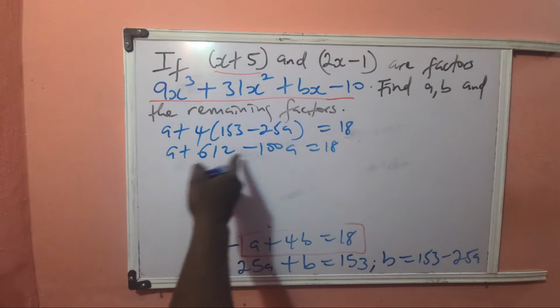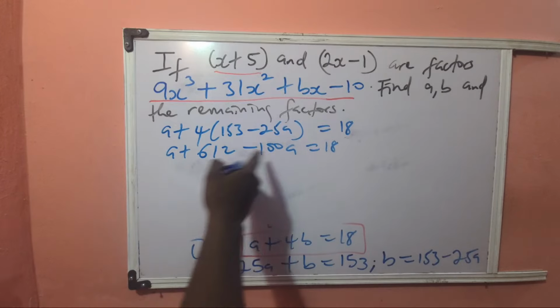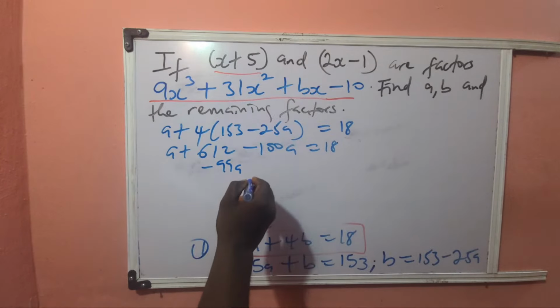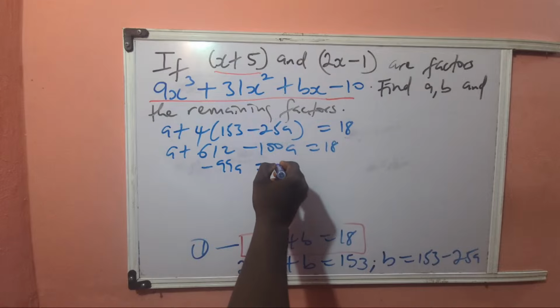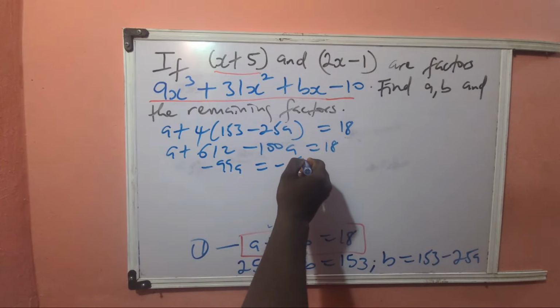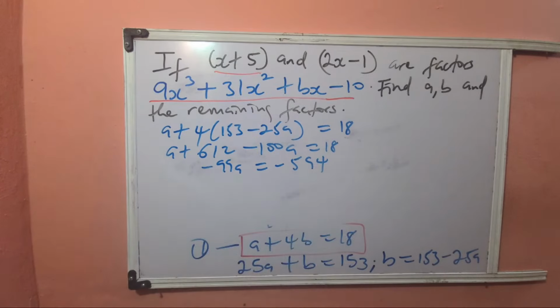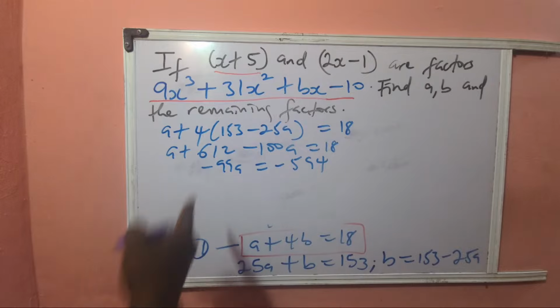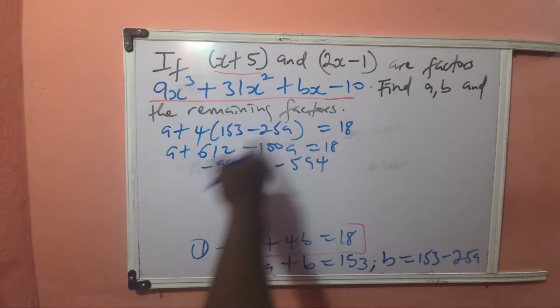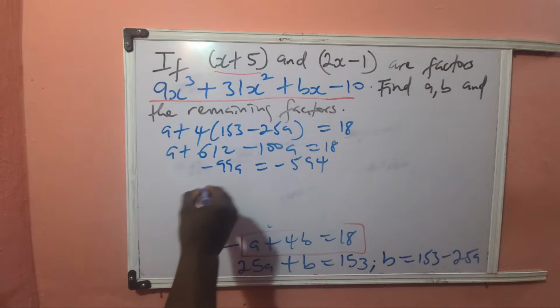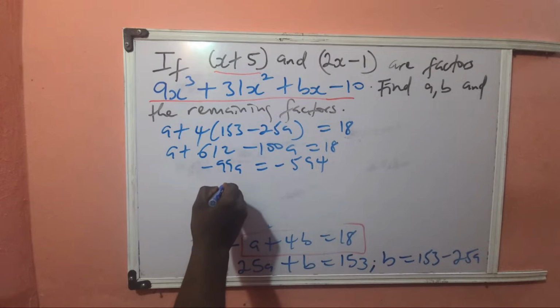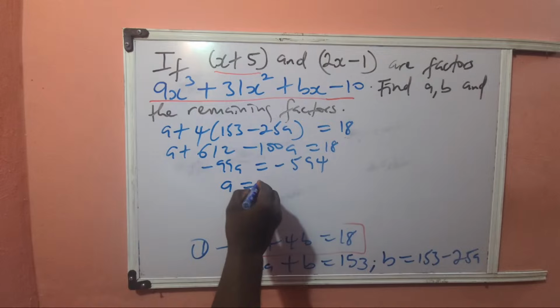If you do this, you will get a minus 100, you will get minus 99a equals to minus 594. Because 18 minus 612 will give you minus 594. Dividing both sides by minus 99, you will get a equals to 6.